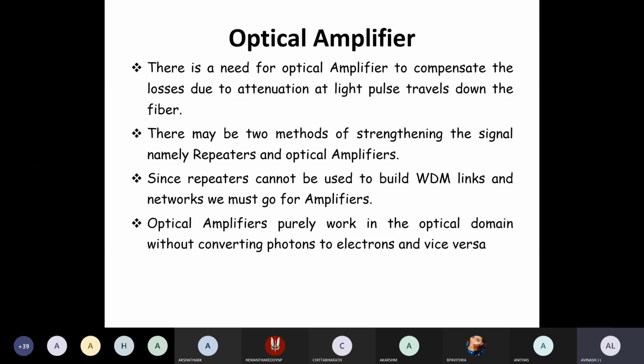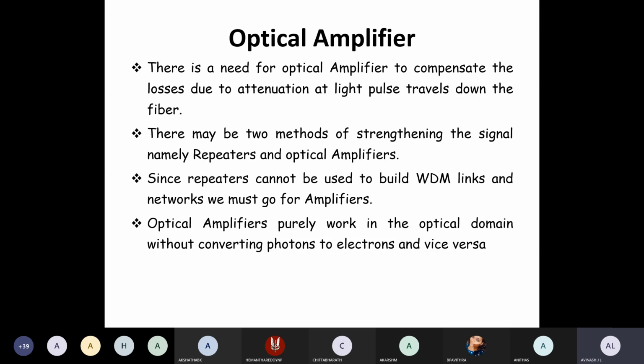There is a need for an optical amplifier to compensate the losses due to the attenuation as the light pulse travels down the fiber. When we are doing something, there should be a need. What is that need?